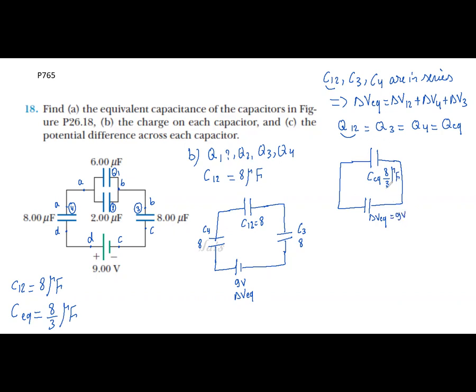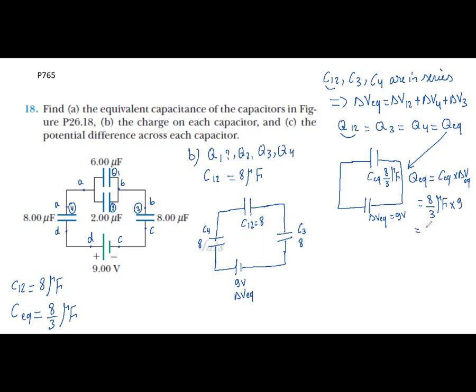So we can calculate Q equivalent easily from this relation: Q equivalent equals C equivalent times delta V equivalent, so 8 divided by 3 microfarad times 9.